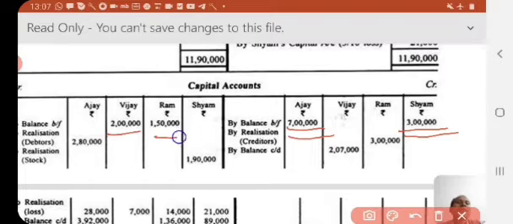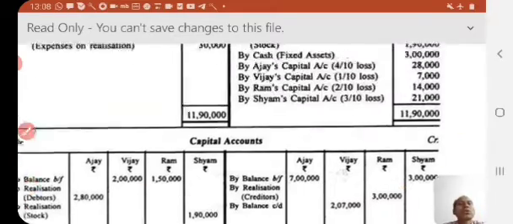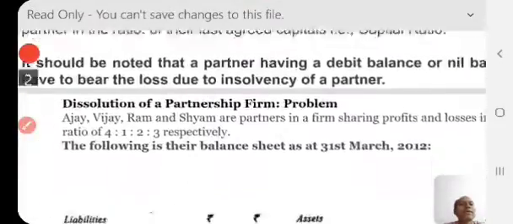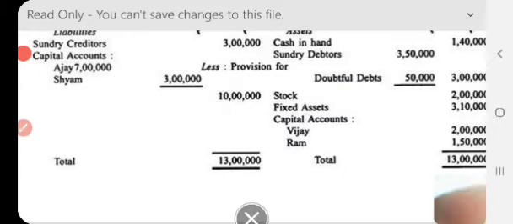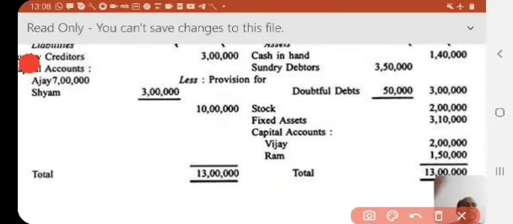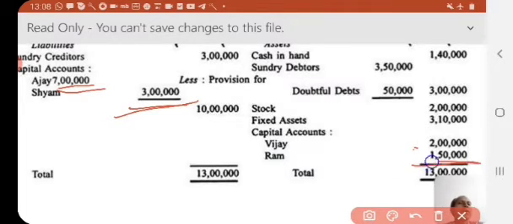And 1,50,000 Ram debit balance. We shall see in the starting balance sheet. See here. See Ajay 7 lakhs, Sham 3 lakhs. Again Vijay 2 lakhs and Ram 1,50,000.